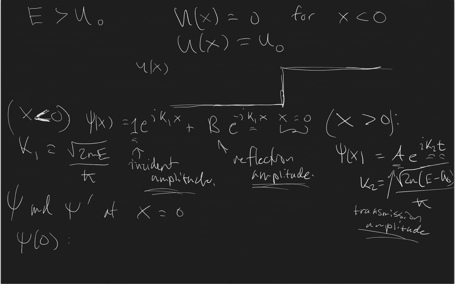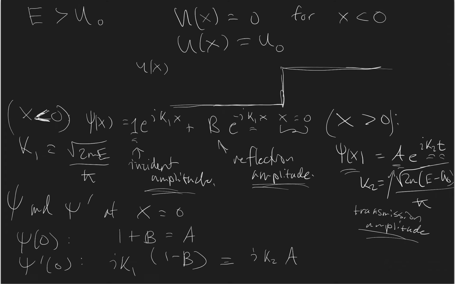This initial value for psi of 0 should be 1 plus b is equal to a. And we can also have that psi prime of 0 should have this quantity here: we have ik1 times b is equal to ik2 times a.